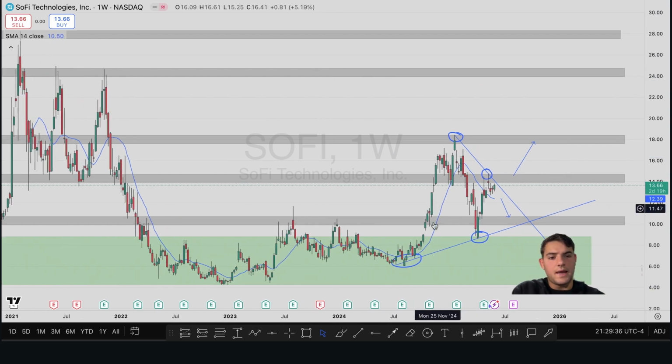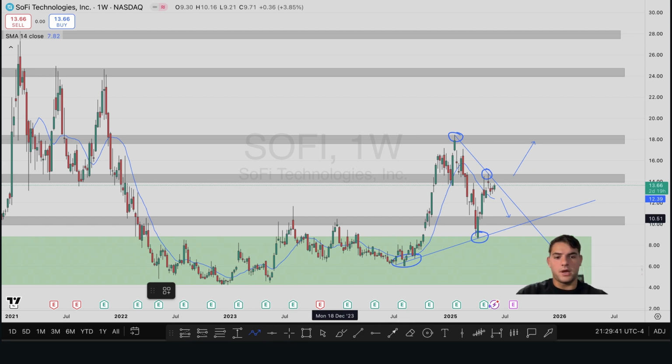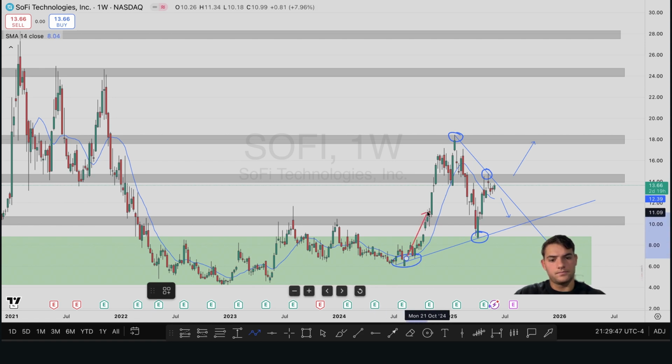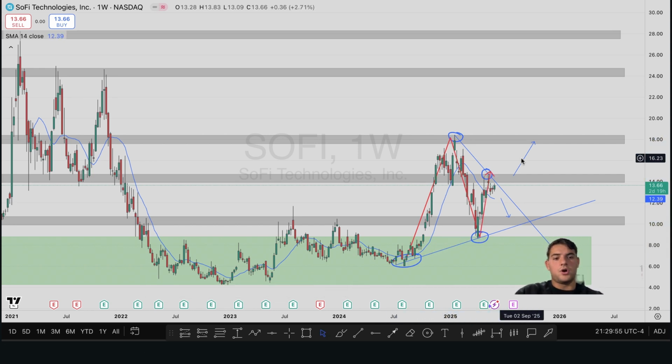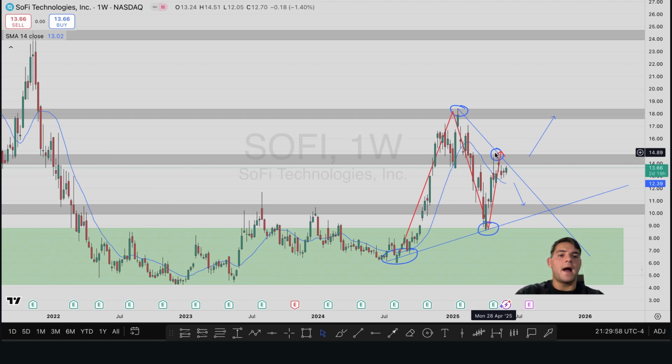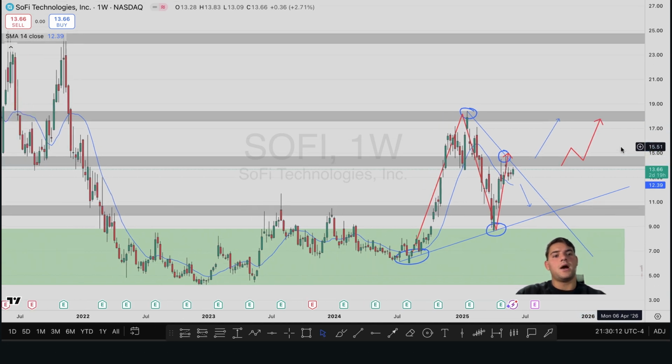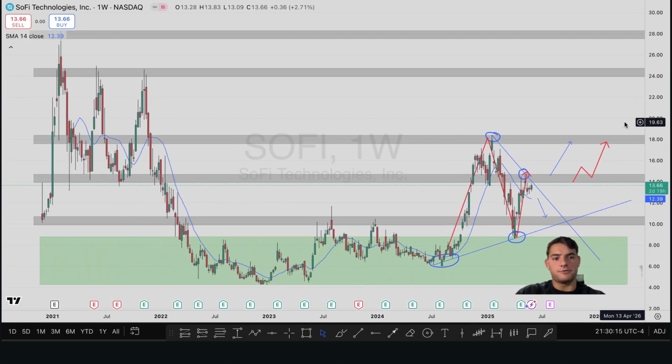Since we're looking at the market like this, this is how I would probably set up a plan. We have a low on the market, then we made a very big high over here. We have another higher low, and now we are at a lower high on the market. So I think we're going to break above. This is just a plan, not that this is going to happen. We break above this area, probably retest, and then shoot higher for the 18s, and after that the 20s.